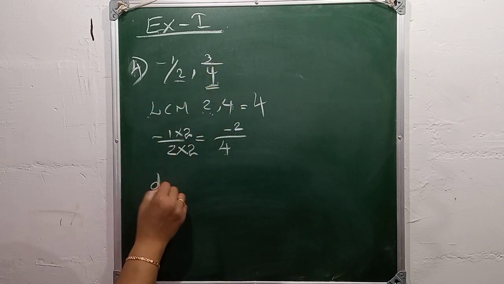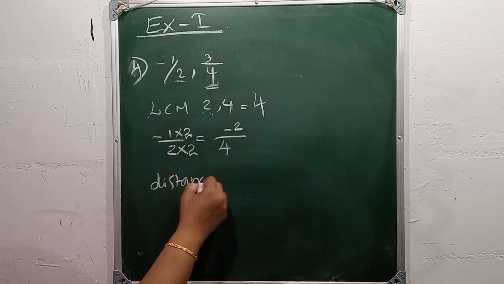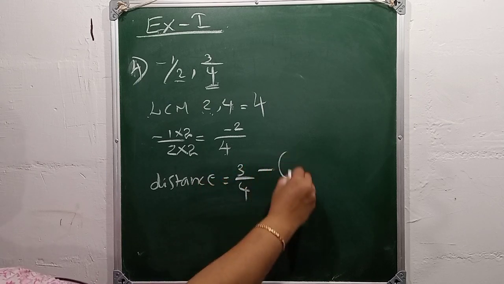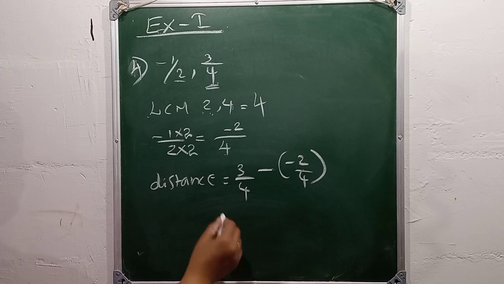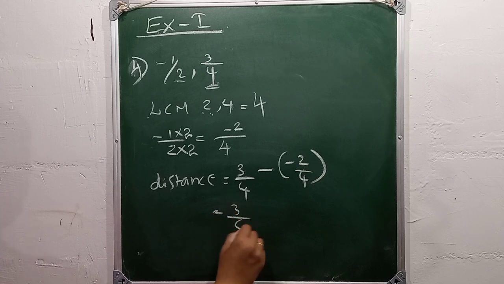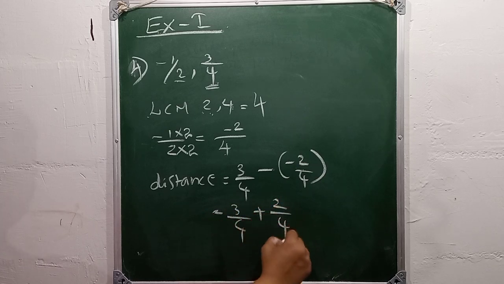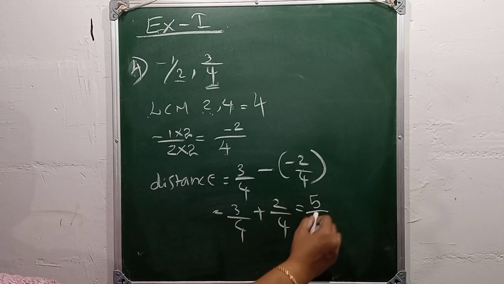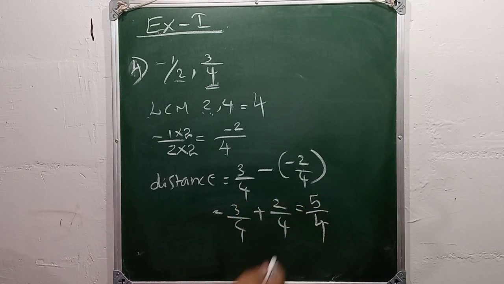So the distance between the points is 3 by 4 minus negative 2 by 4, that is 3 by 4 plus 2 by 4, which is equal to 5 by 4. So the distance between the points negative 1 by 2 and 3 by 4 is 5 by 4.